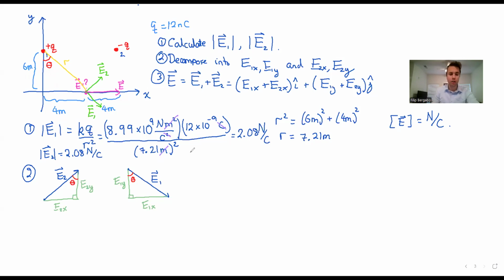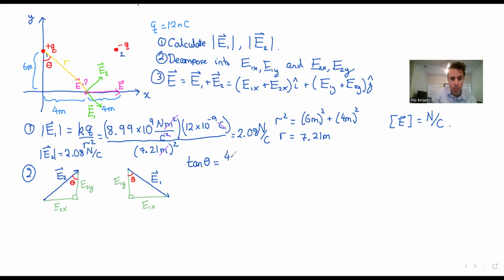So let's quickly calculate this angle. I know that tan theta equals opposite over adjacent. And in this case, take a moment to figure out which one is opposite and which one is adjacent. Again, using the triangle from the geometrical perspective on the top left, not using the triangles with the electric fields.